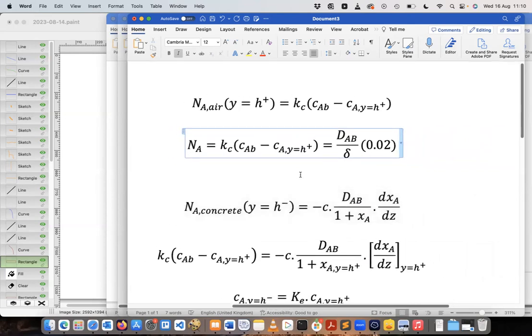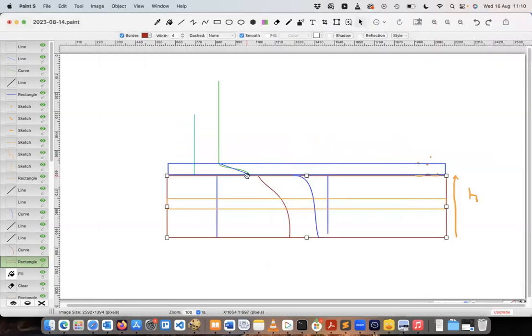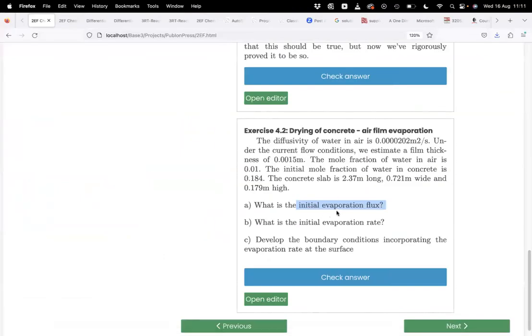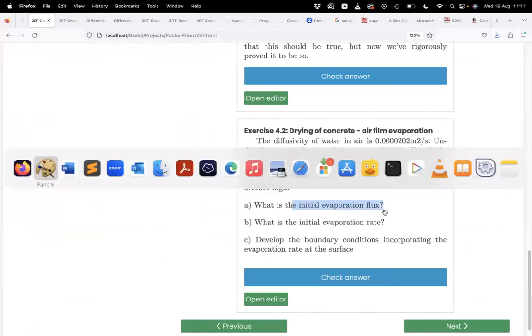So our CAB, our bulk concentration in the air, is this value. And then the concentration in the air just above the surface, we don't know as yet. But can you give me a value that's close to that? A kind of clue here is it's asking for the initial evaporation flux. Any ideas?